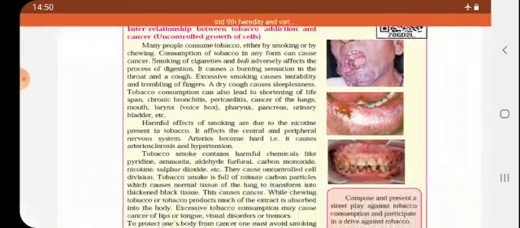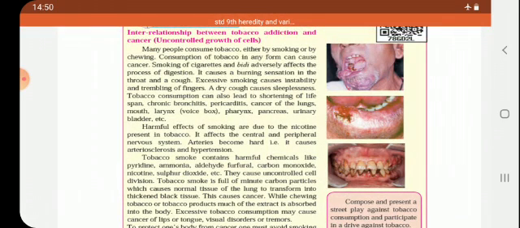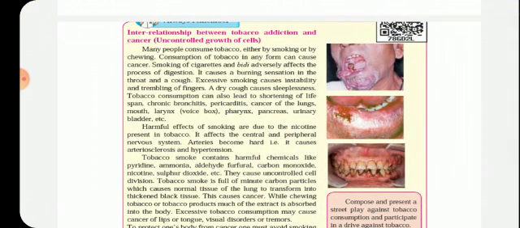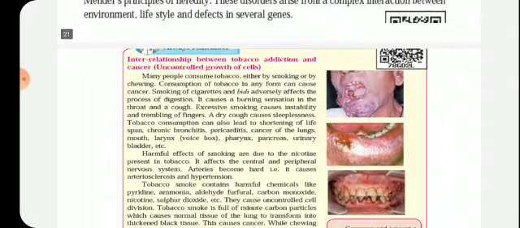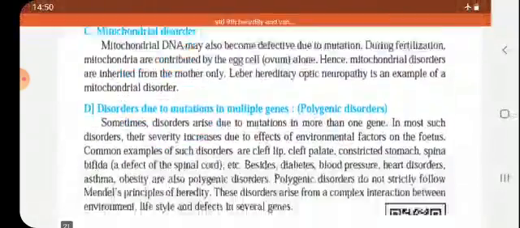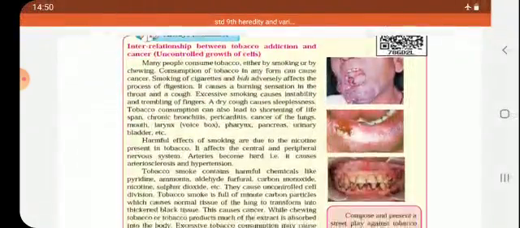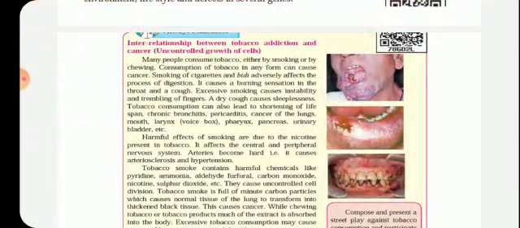Cancer means a wound comes in that place and spreads very fast. If we have such harmful substances in our body for a longer period of time, see here in some pictures what happens. The person may suffer from all these things.